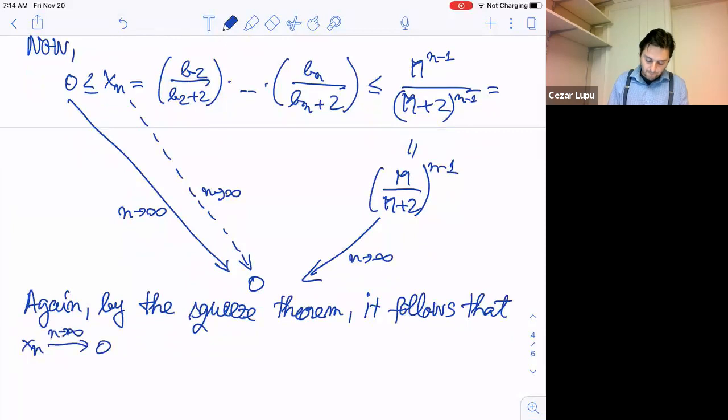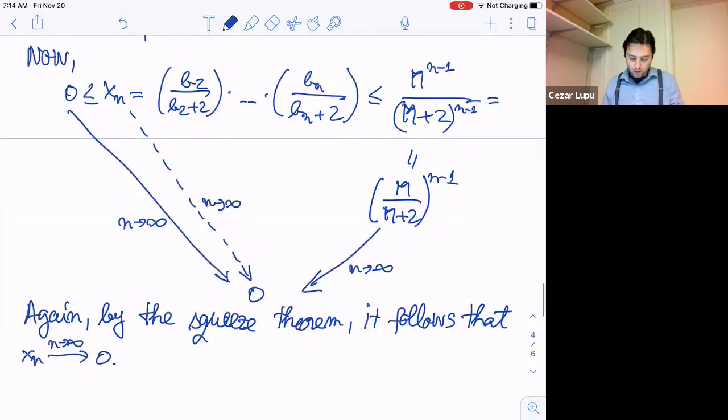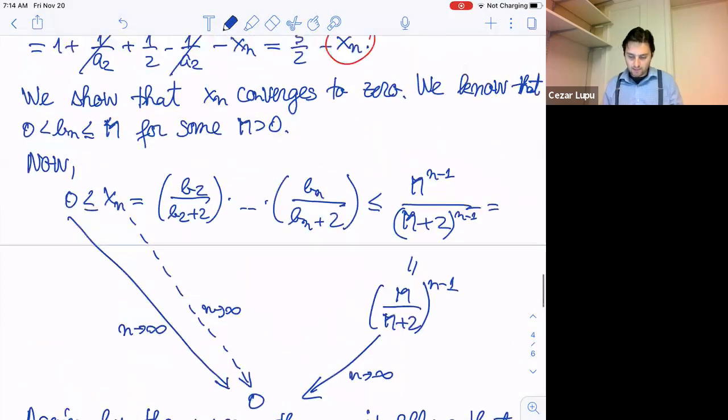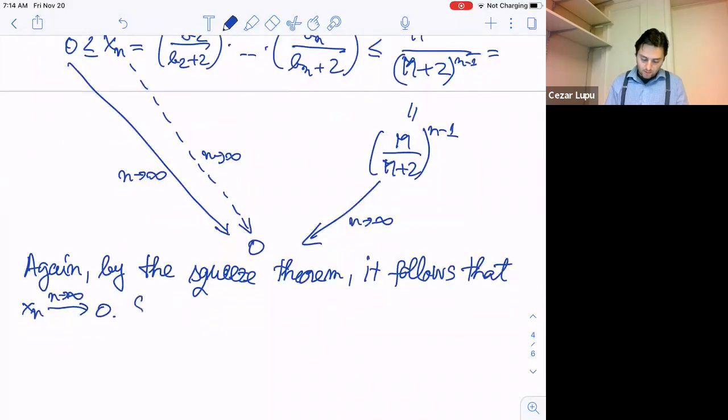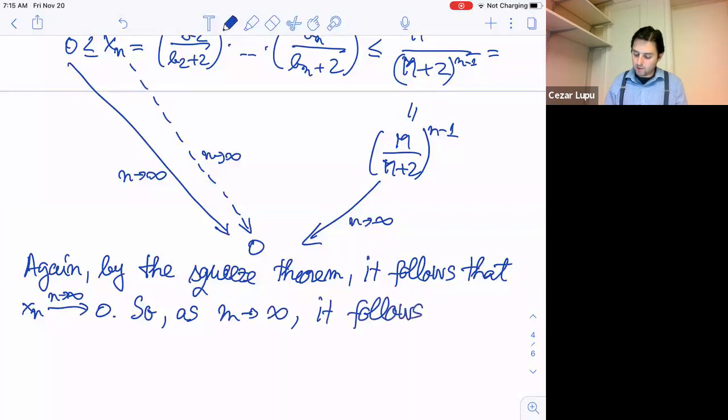And we're done. And now clearly, as m approaches infinity, Sm goes to S, the sum of the series, which is 3/2.